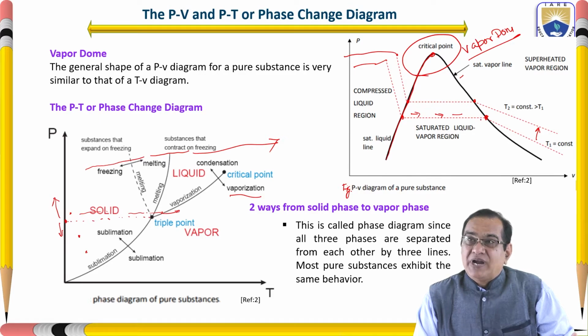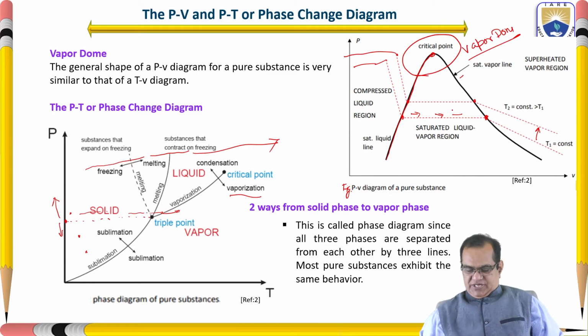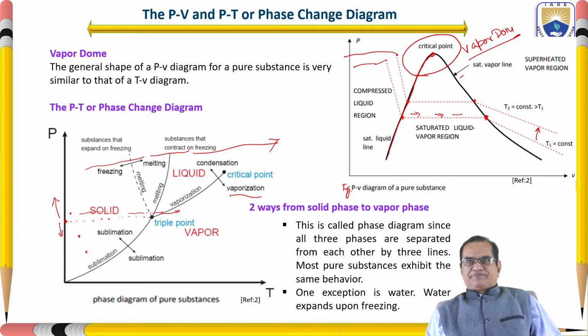Up to here your temperature will remain constant, and if you give further heat, the latent heat will increase. So this is a very important diagram. This we have to understand.